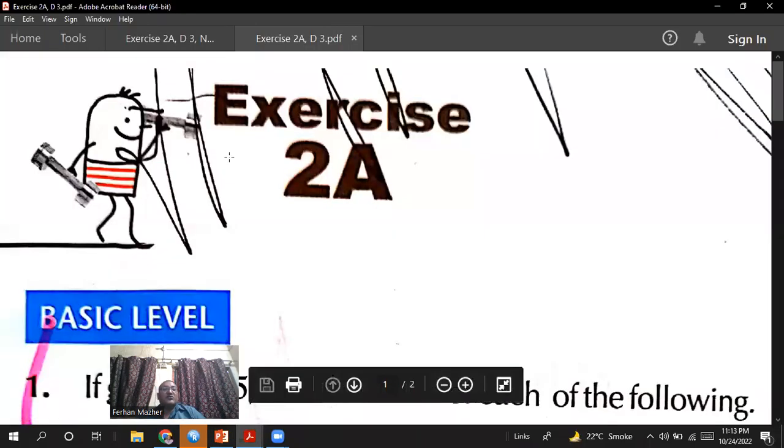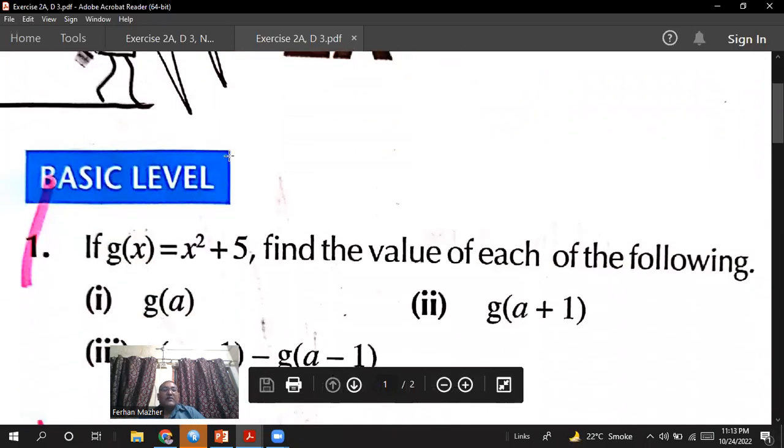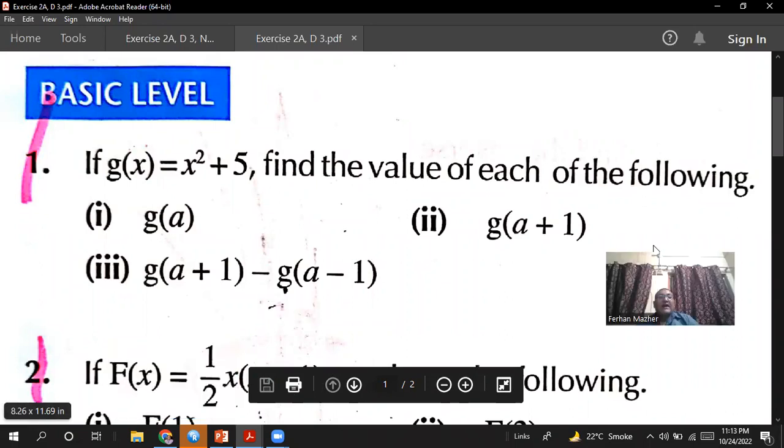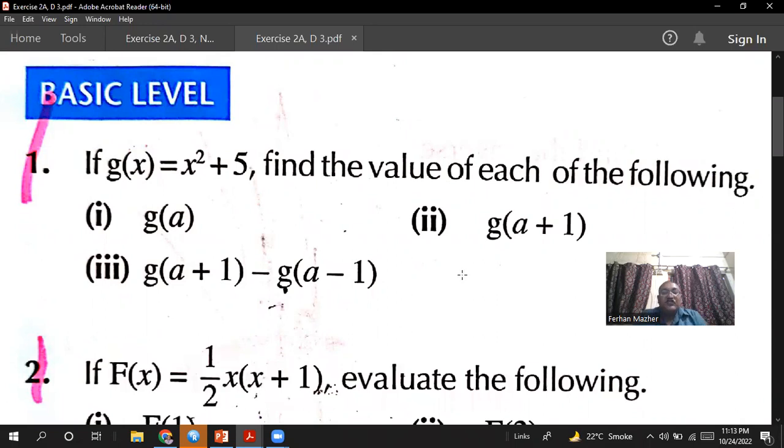So the exercise 2A, and the first question coming up on your screen says: if g of x is equal to x squared plus 5, find the value of each of the following. The first part is g of a.